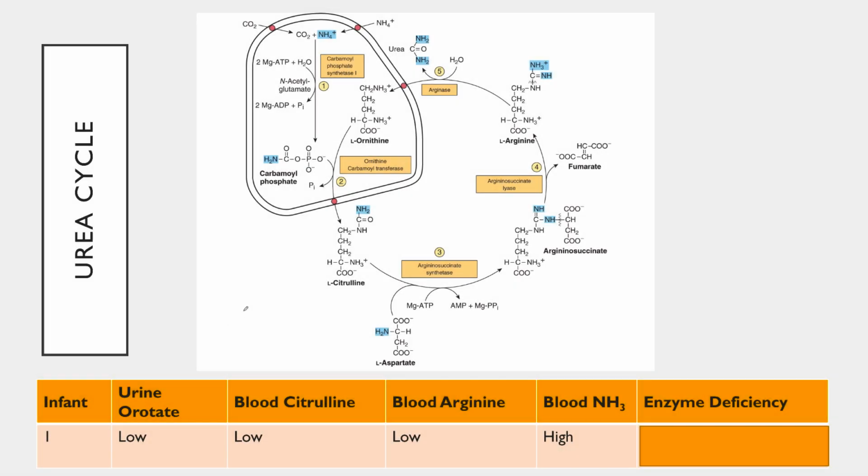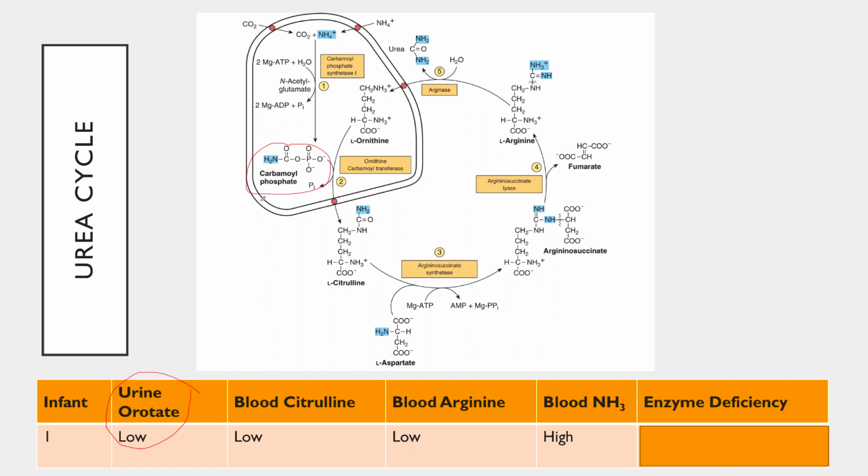So let's first look at infant 1, and let's stop for a moment and talk about urine orotate. So urine orotate comes from an alternative synthetic pathway that accepts carbamyl phosphate. So what we'll see in our final week is that carbamyl phosphate is also synthesized by a cytosolic enzyme, carbamyl phosphate synthetase 2.